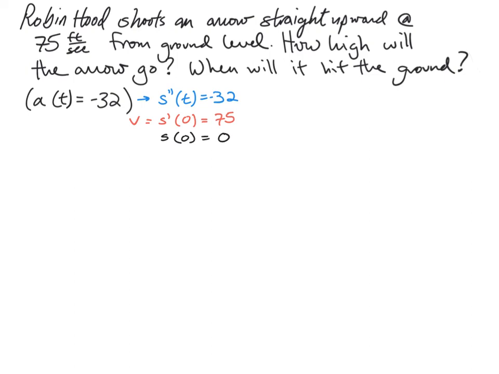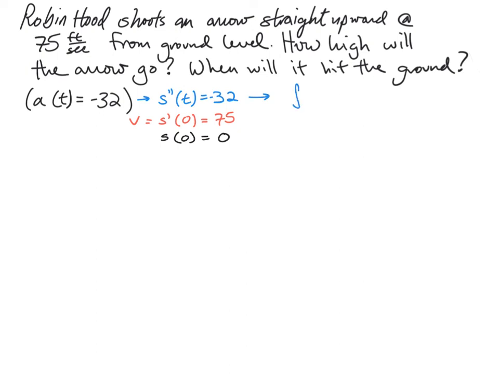The arrow is position 0 because it's being shot from ground level. So we can use all of this information to start figuring things out. To figure out the velocity function, we can take the antiderivative of the acceleration function.